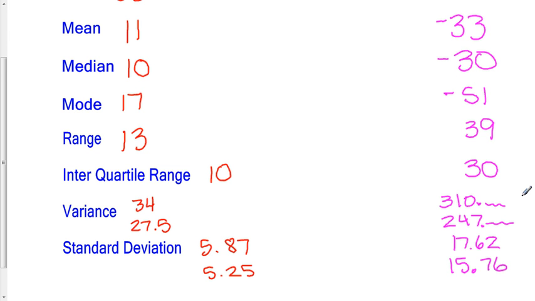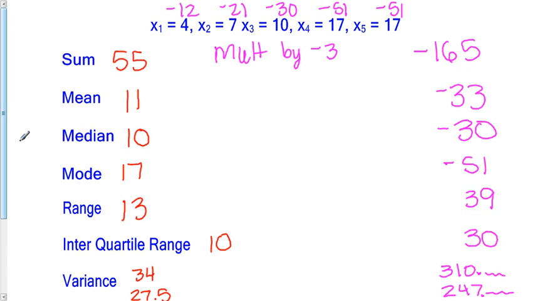So now as you look at all of these things, the sum, if you multiply by a negative 3, from 55 you get a negative 165. If you take the mean and multiply it by negative 3, you get a negative 33. The median, same thing. The mode, the same thing.